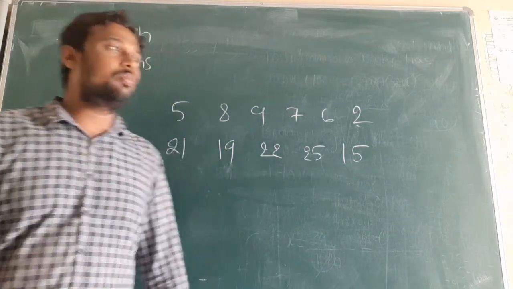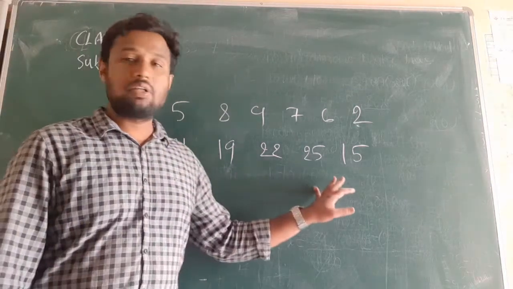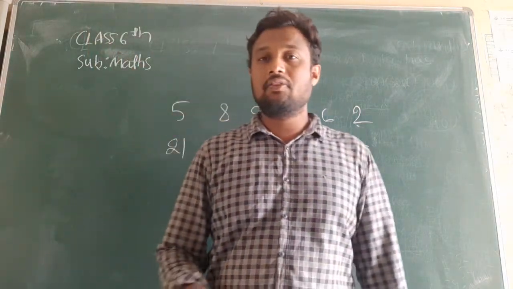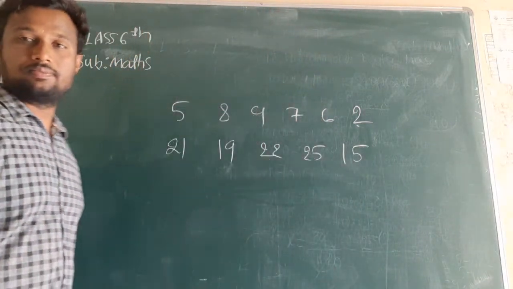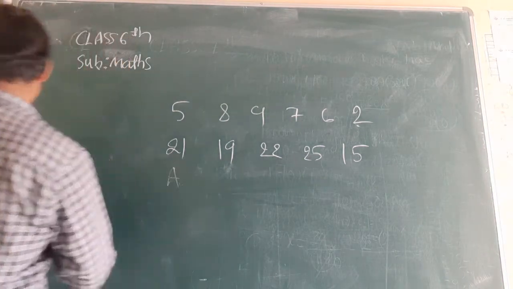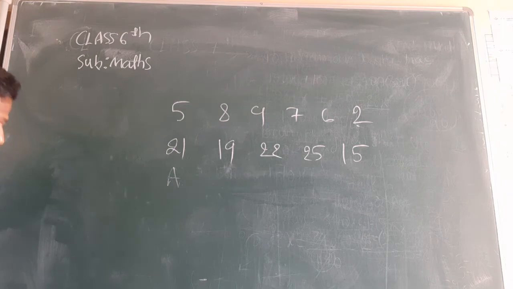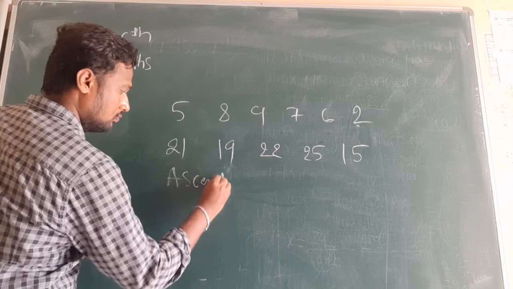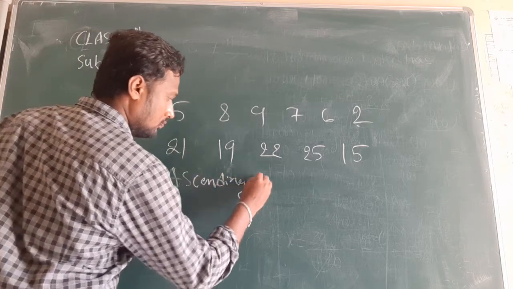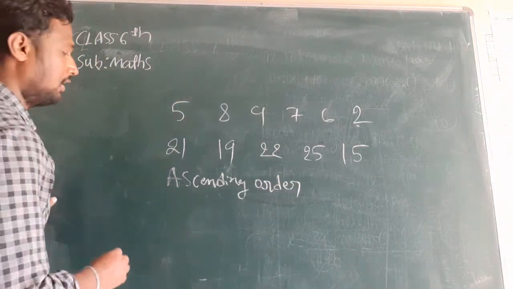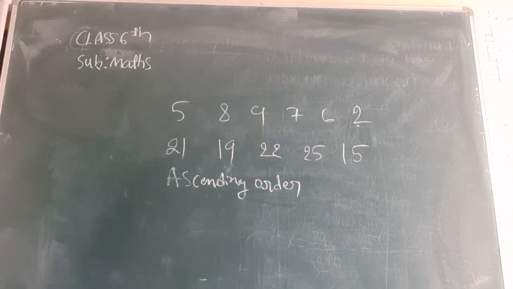There are two methods: first one is ascending order and next one is descending order.